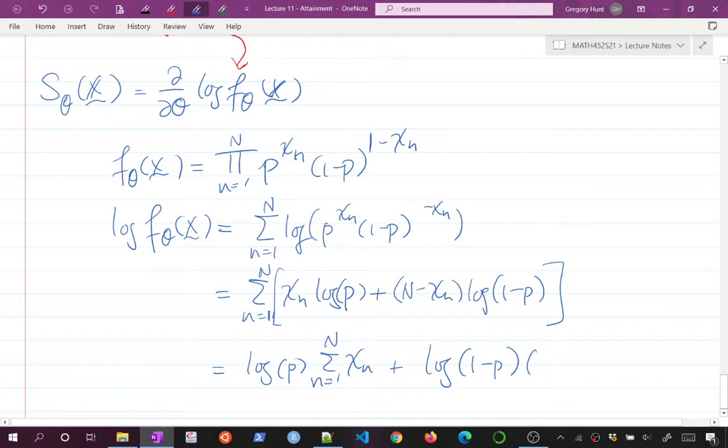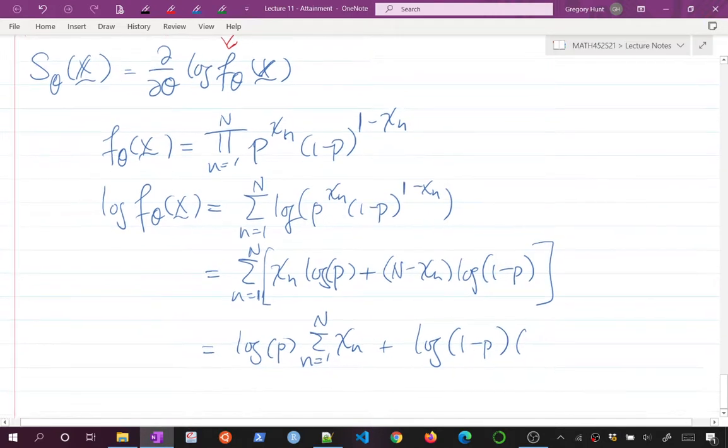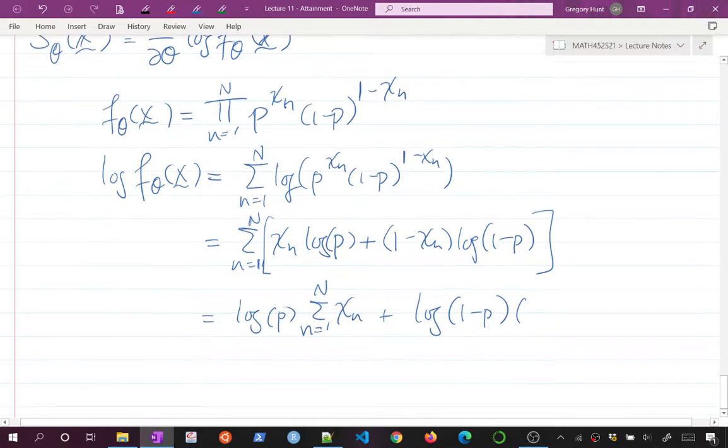Sorry, I'm sure someone's been really confused. For Bernoulli, that should be a 1. And then I get the sum of 1 minus xn's, which we can write as n minus the sum of the xn's.